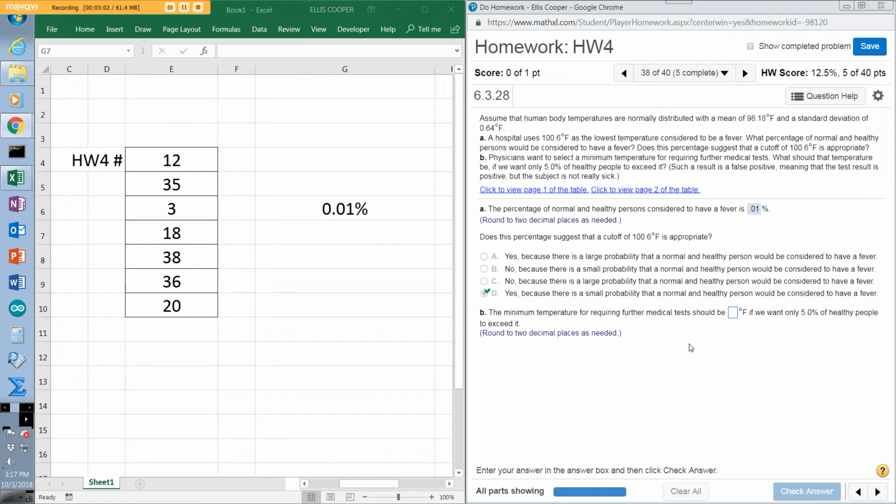And now, again, we go into an opposite question, because Part B says the minimum temperature for requiring further medical tests should be how many degrees if we want only 5% of healthy people to exceed it, instead of 0.01%.